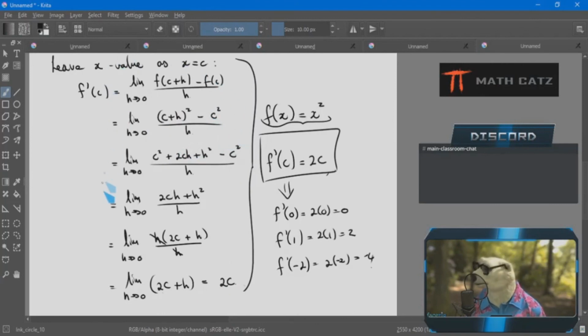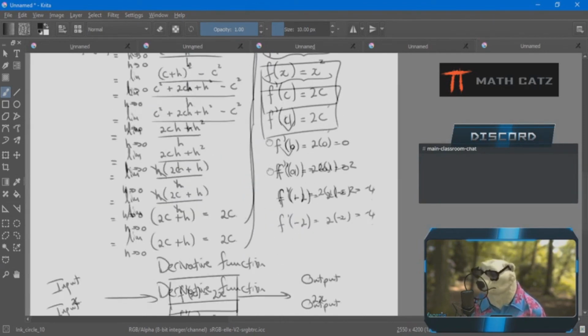But if I do it in an open, non-specific way, I can find the formula for the derivative, which I can see as a function, input, output. But at some point for a function, I do have to do this limit definition. I just like to minimize my work, so I have to do it once at least to find the function eventually.